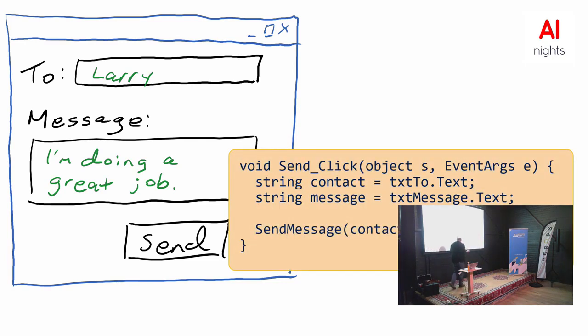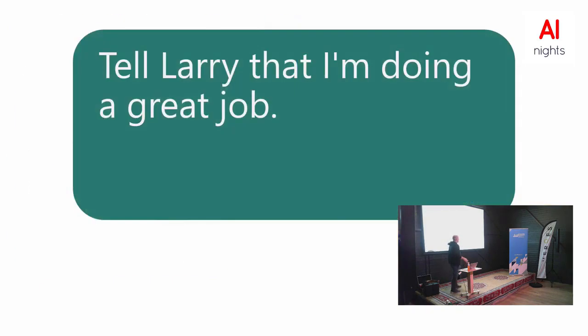And what's great about this is that I know, based on what information they put into which text box and what button they clicked on, exactly what they're trying to do and what information they want me to act upon. That gets very different when we're talking about a chatbot, when we're talking about allowing the user to type something in free form.